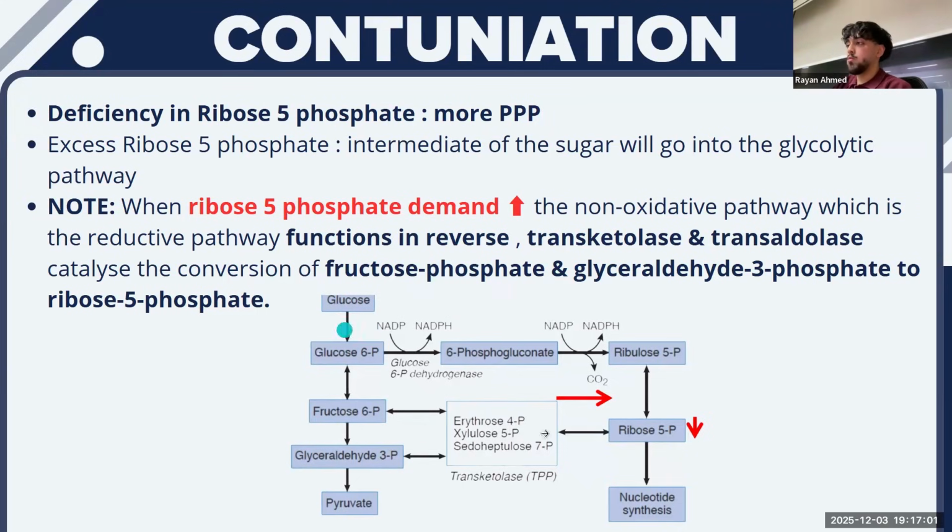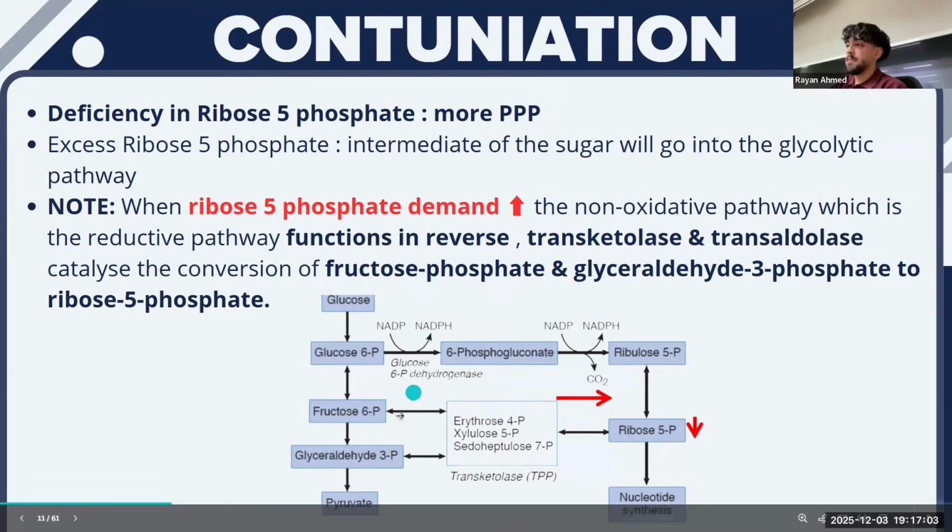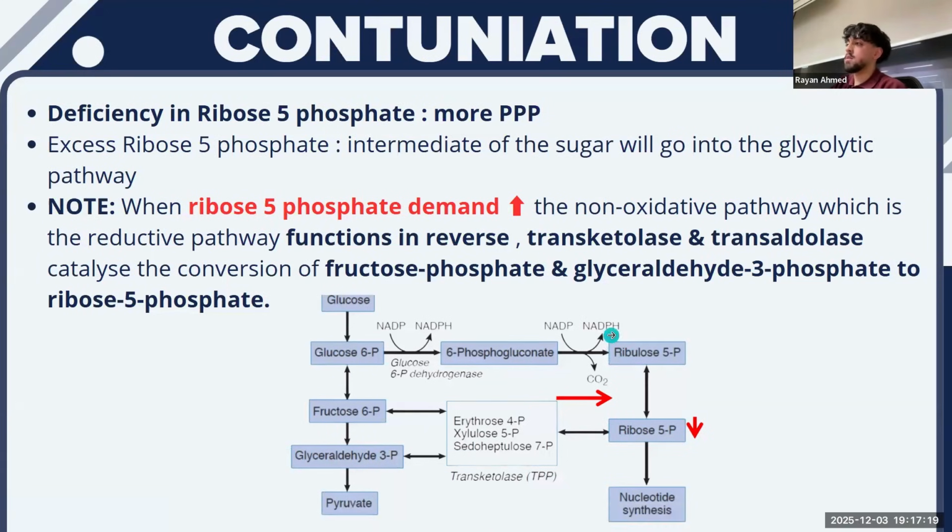So when we don't have a lot of ribose 5-phosphate, transketolase, this enzyme, which was right here, is going to use fructose 6-phosphate and glyceraldehyde 3-phosphate back into ribose 5-phosphate, because this is used for a number of reasons to make more nucleotides. We're going to be discussing this later on. So I hope you guys understand that. And if you guys don't, please feel free to ask questions. Okay, let's move on.